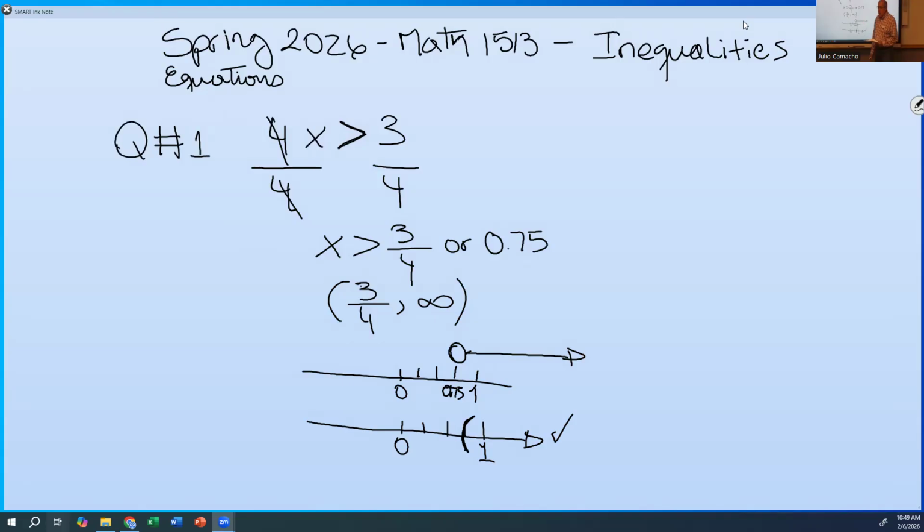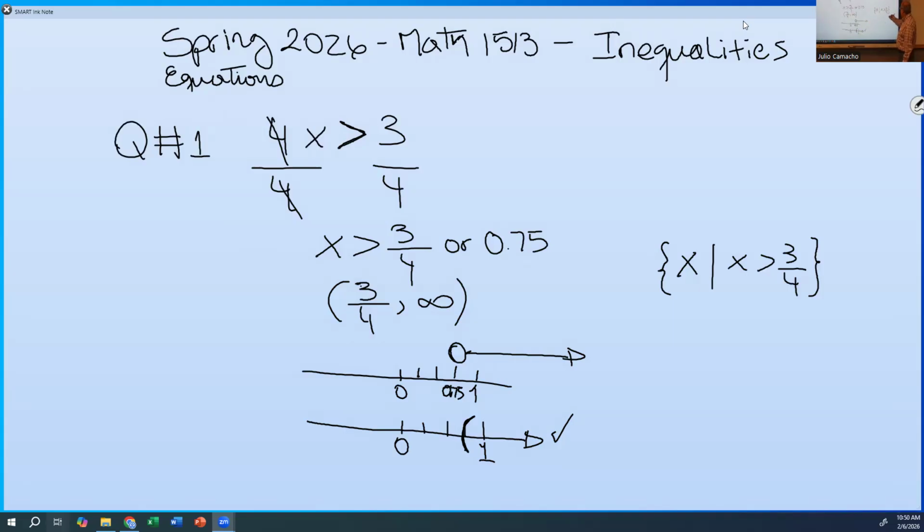Any questions? And you have to do this in set builder notation. You put this curly bracket, you put your x, your bar, and then you repeat this: x is greater than 3/4, and then you close it.